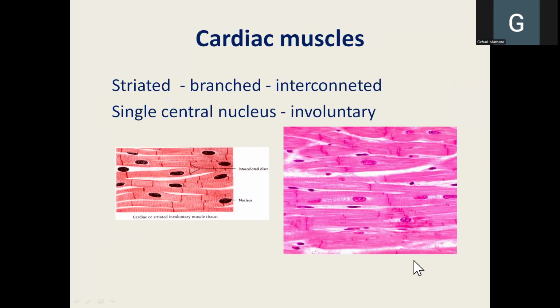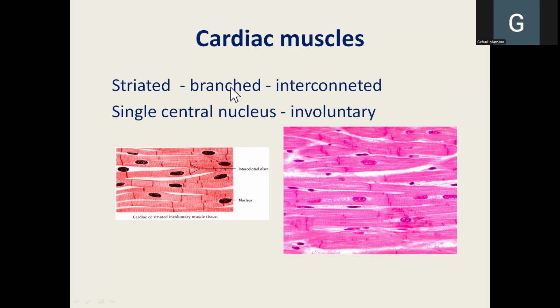Moving on to the cardiac muscles, we also have functional characteristics, which are that they are involuntary, but we have structural characteristics. So they are banded or striated, they are branched, and they are the only type of muscles that are branched.